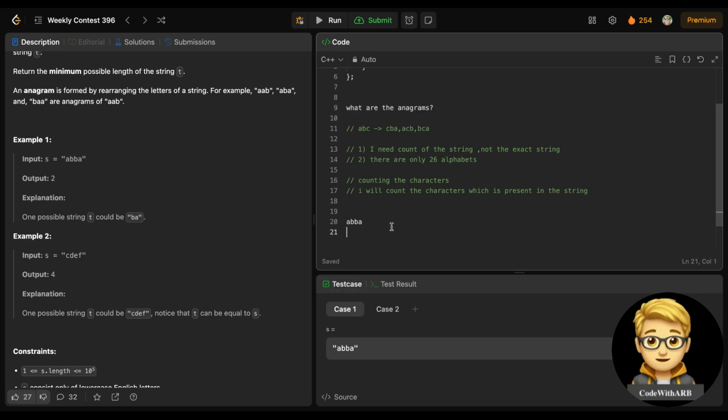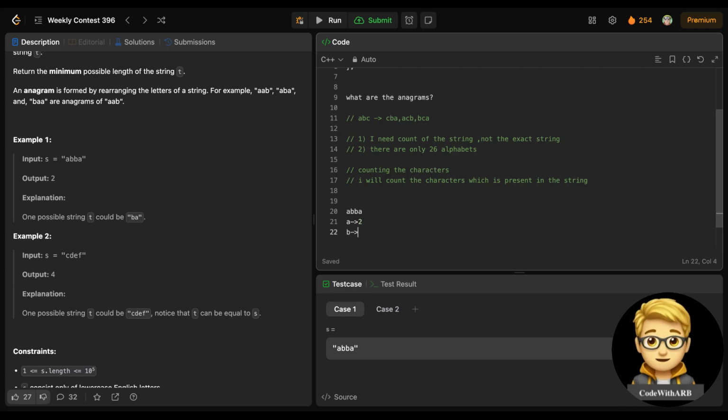In this, A is occurring two times and B is occurring two times. So for this, the minimum count is 2, since both are occurring two times.